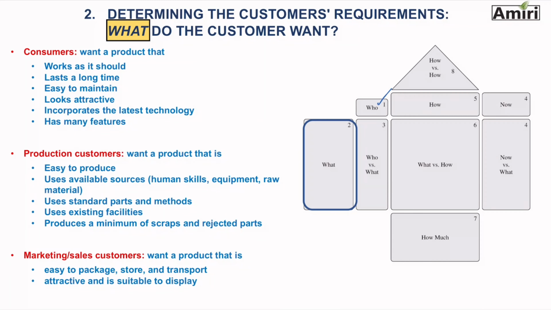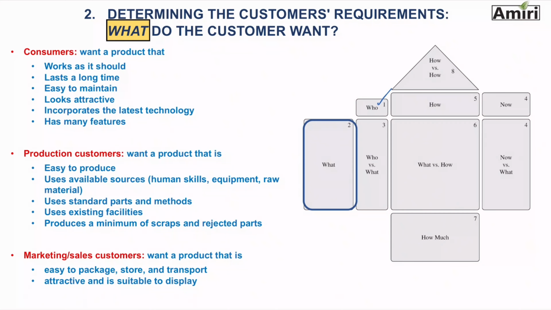Production customer within the company or outside of the company, whoever is going to make that product that you are designing, wants something that's easy to produce. They don't have to go and search for skills or equipment or raw material. They can use whatever they have available to them to produce that.